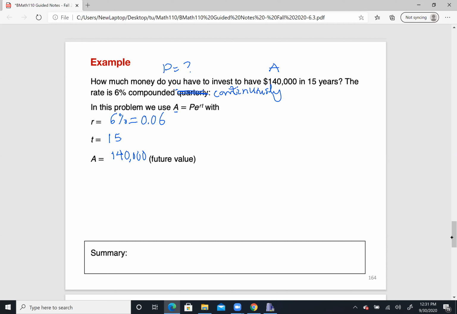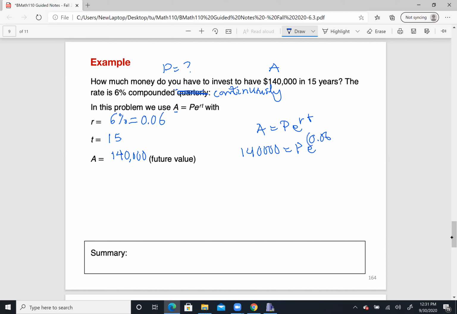Now you apply it: A equal to P times e to the power rt, and I know A was 140,000, and P I don't know, e to the power rt, so r is 0.06, and t is 15.